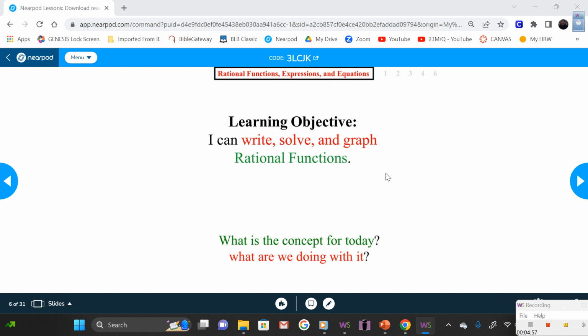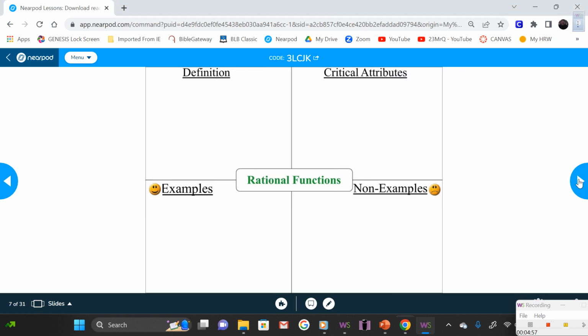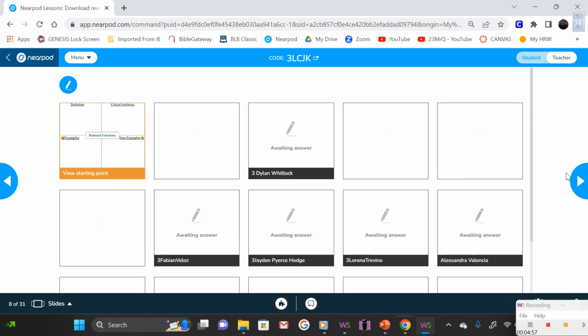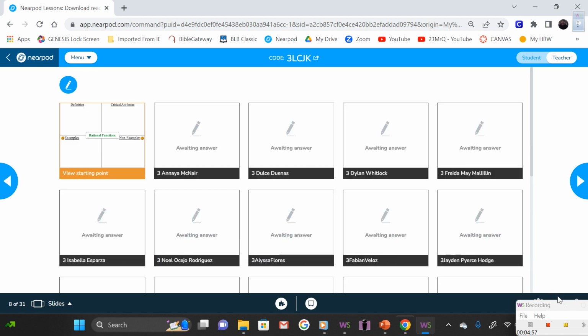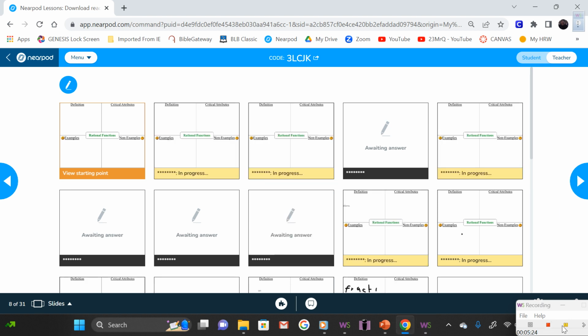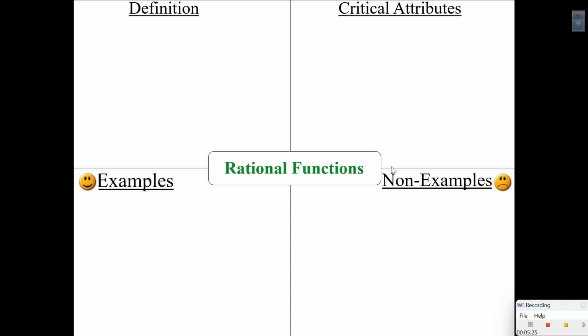Since we already know the definition, tell your neighbor the definition for rational functions, please. All right, good communication. A lot of you wrote functions with fractions.